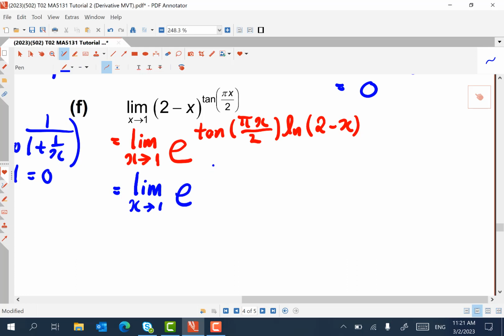Ting Wei suggests using L'Hopital's rule. Okay, Ting Wei, what is below here? Because it's continuous, tangent you bring to the denominator, it becomes cotangent.